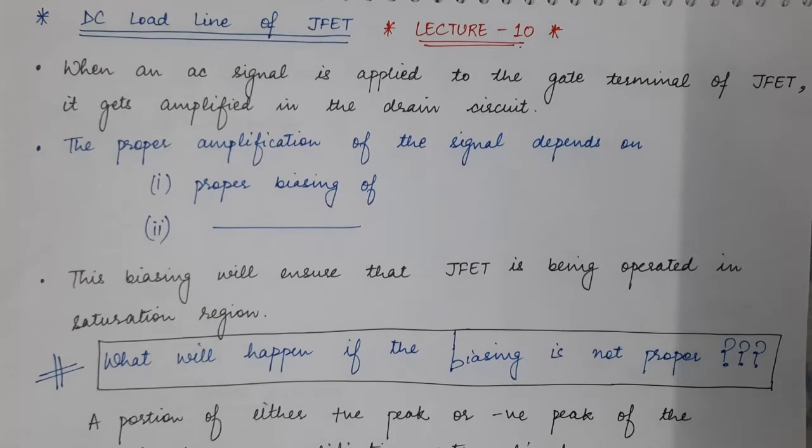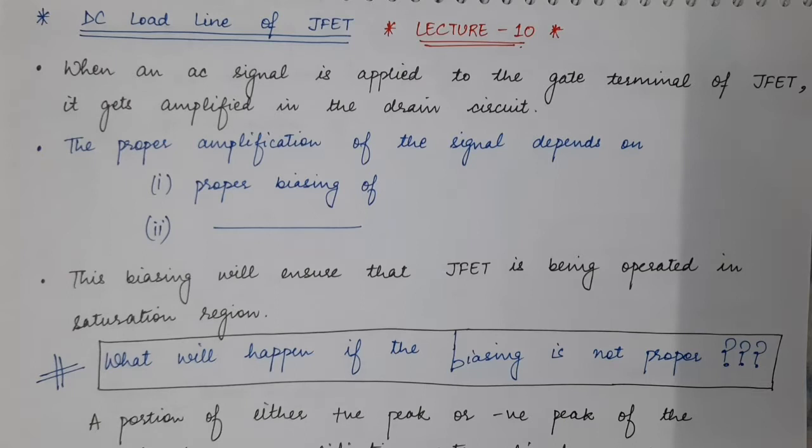But why do we discuss this load line analysis? Why do we draw the load line? To get proper amplification, to ensure proper biasing, we draw this load line and we discuss this DC load line analysis.